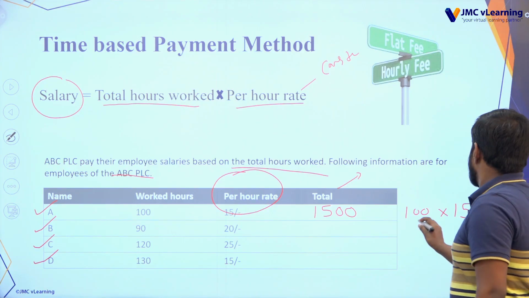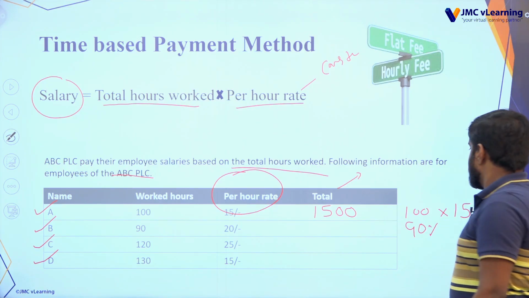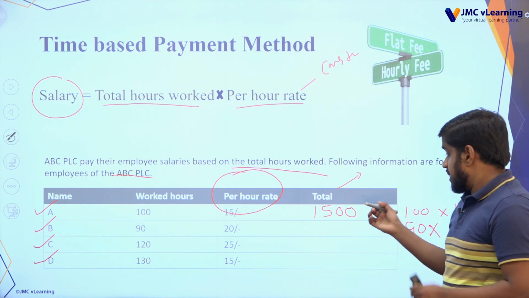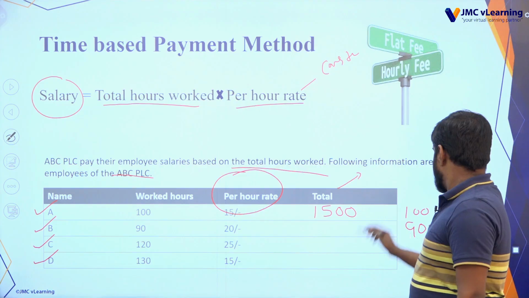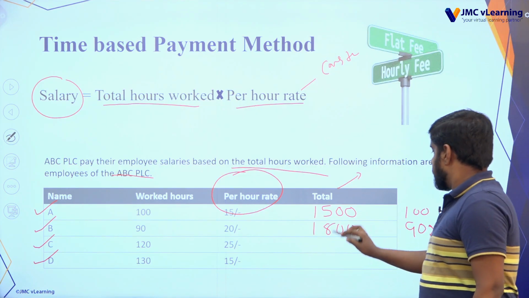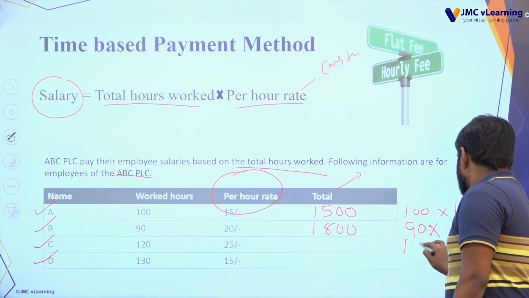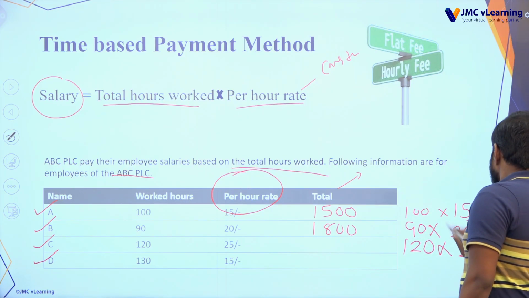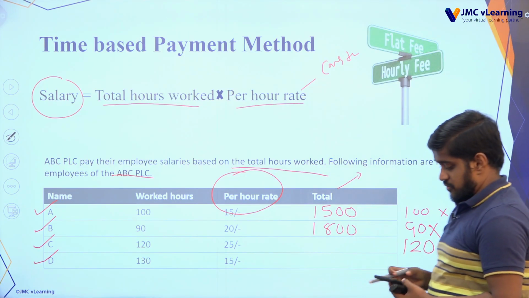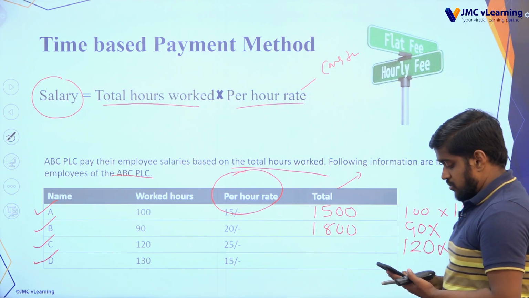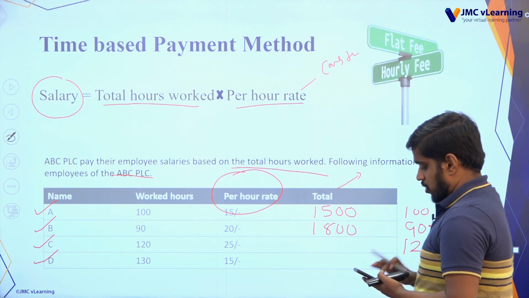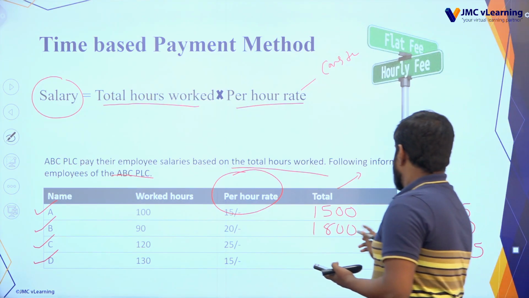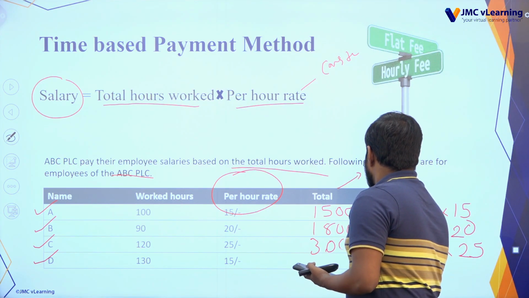Then for B, we calculate the time-based payment. B worked 90 hours, and the per hour rate is 20 for employee B. 90 multiplied by 20, we get 1800. Then for C, he worked 120 hours, and the per hour rate is 25. 120 multiplied by 25 gives a total salary of 3000.